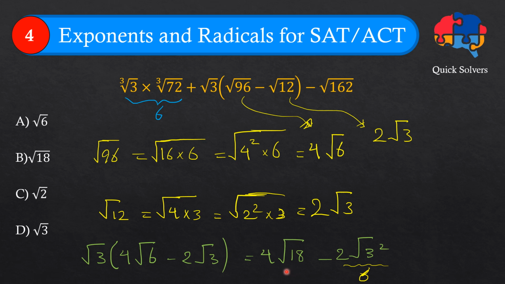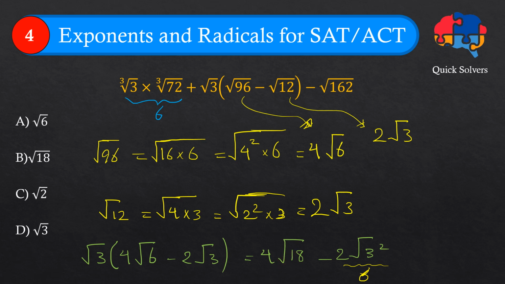I can write this 18 as 9 times 2. All right, 9 times 2, and then 9 is 3 to the power of 2, so I can take that 3 out.